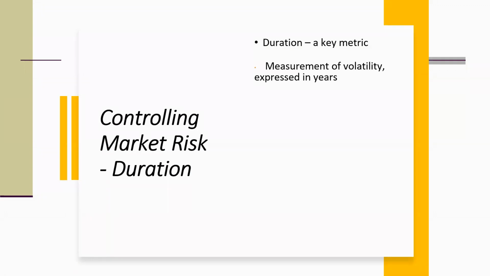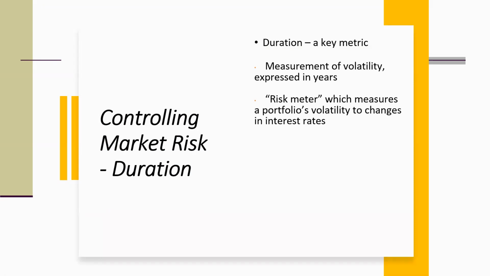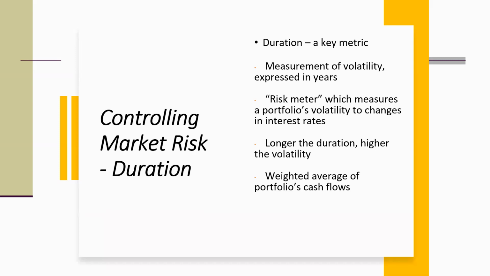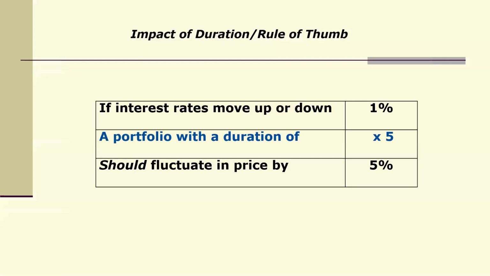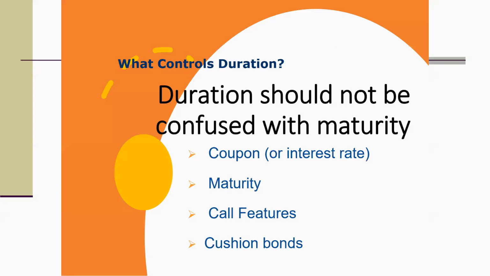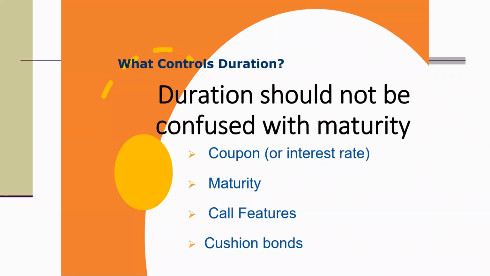Now, they also control market risk through this tool known as duration. It's really the risk meter inside of a bond portfolio, and it's used to determine the amount of volatility that portfolio will be subject to. So as an example, let me go back and just explain the difference between a maturity and a duration.